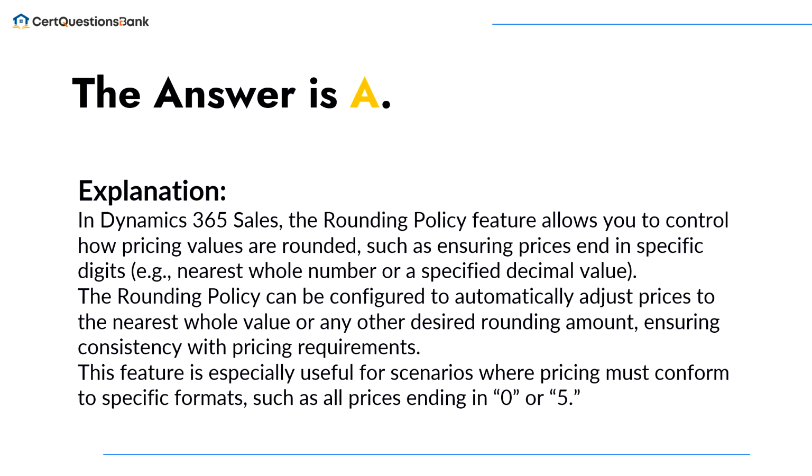The rounding policy can be configured to automatically adjust prices to the nearest whole value or any other desired rounding amount, ensuring consistency with pricing requirements. This feature is especially useful for scenarios where pricing must conform to specific formats, such as all prices ending in 0 or 5.